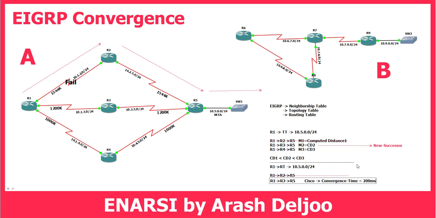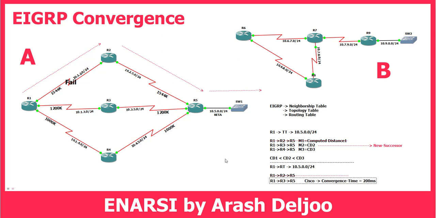Because of that, it is so important that in EIGRP we have the topology table, and we can use the routes in the topology table. When the best path fails, we can copy them to the EIGRP routing table. Actually, we can say the convergence time in EIGRP is exactly equal to the time that we copy one record from the topology table to the routing table.